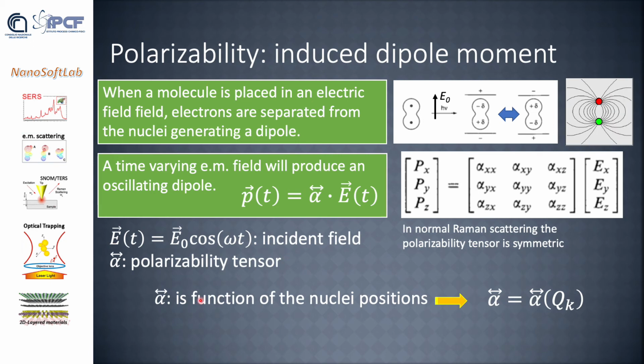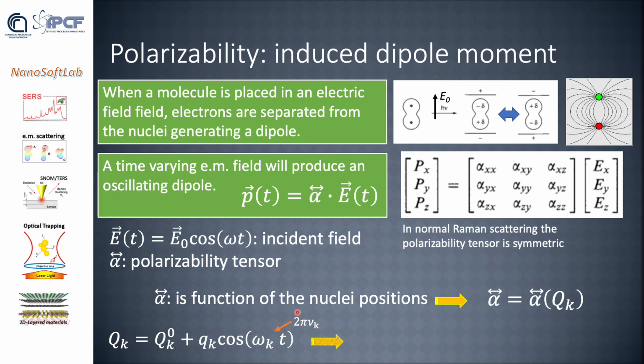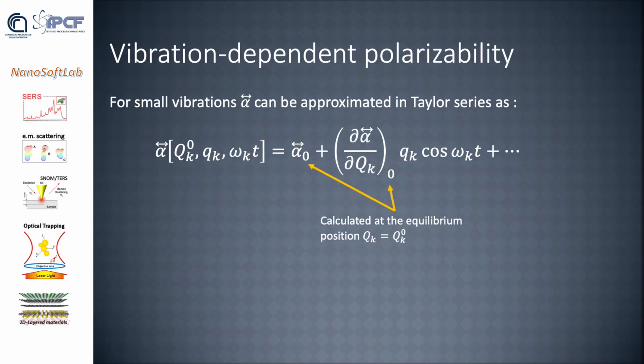What is most important is that alpha is a function of the nuclei position. Alpha is a function of the normal coordinate qk for every k. And in particular, since the normal coordinate has a harmonic variation behavior, we expect a harmonic time dependence also from alpha.